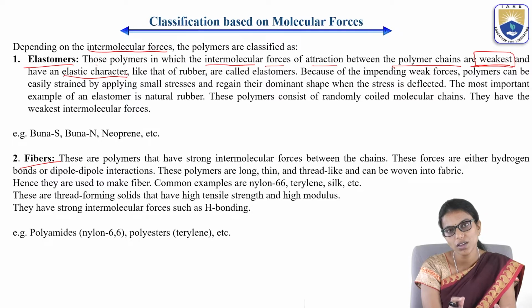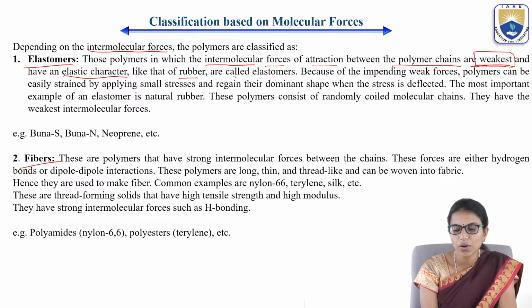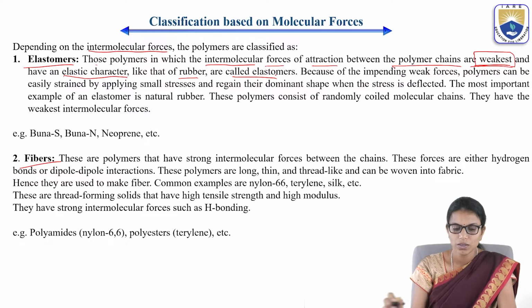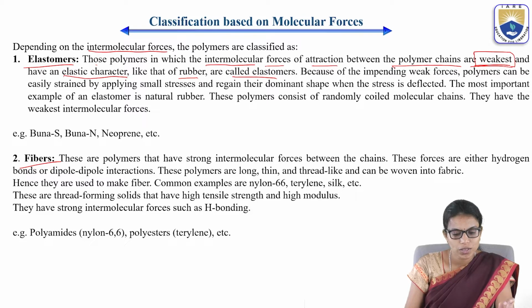Elastic character means we can stretch it and it will come back to its original position. Rubber is called an elastomer. So those polymers in which the forces of attraction between the polymer chains are weakest and have an elastic character like that of rubber are called elastomers.